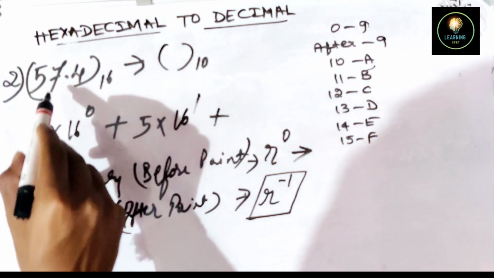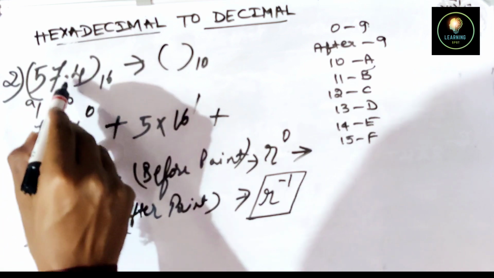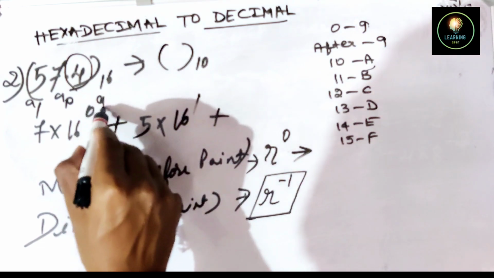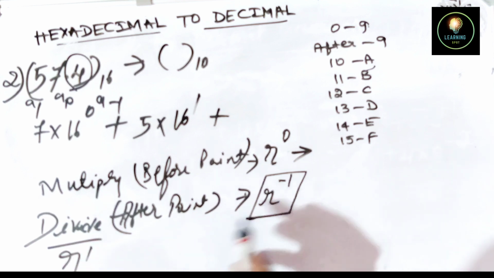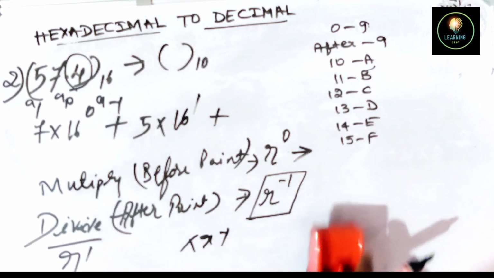We call this A1, this A0, and this A-1. After the point we won't start again at A0, we will start at A to the power of -1. So we have to multiply with R to the power of -1. I have simply written divide by R to the power of 1, or else you can multiply by R to the power of -1, which is the same.